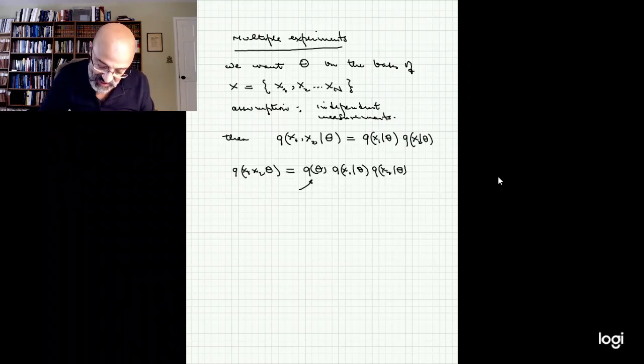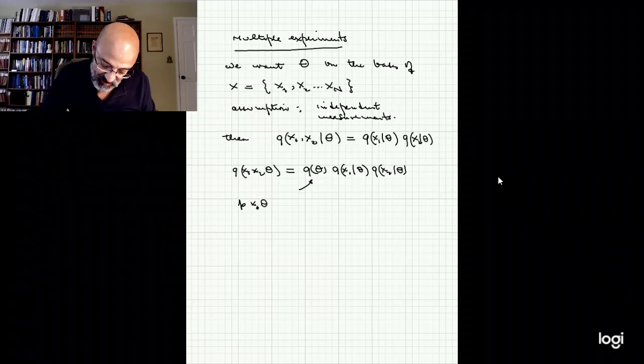So we can update by performing just one experiment, P of theta given x1. This is after the first experiment.